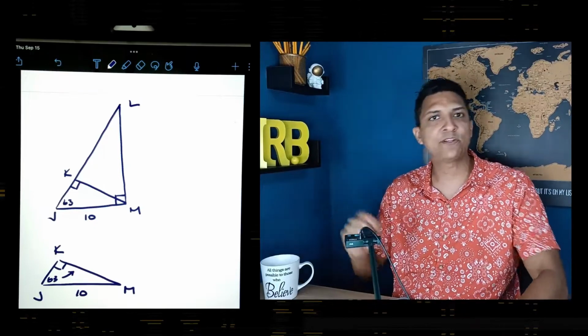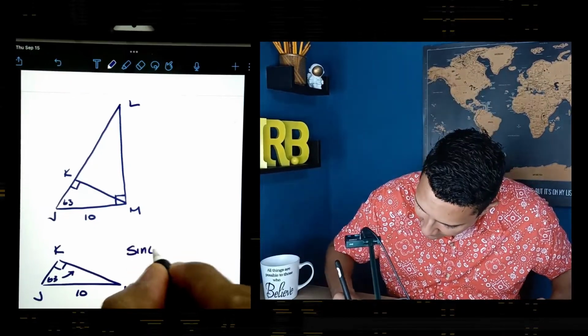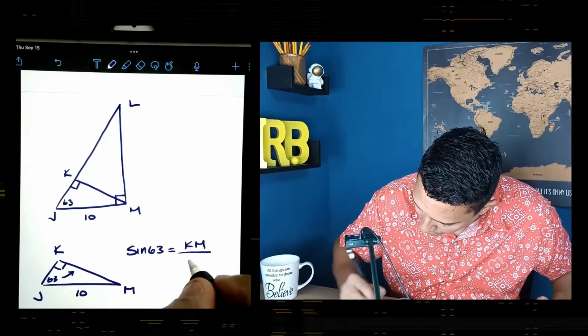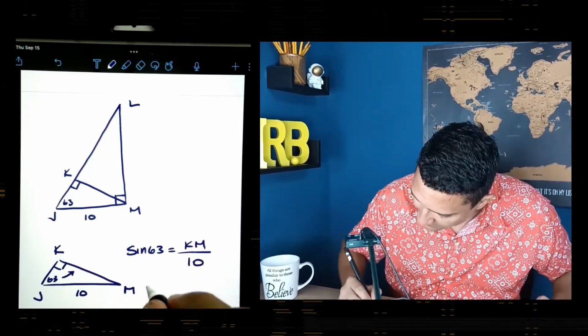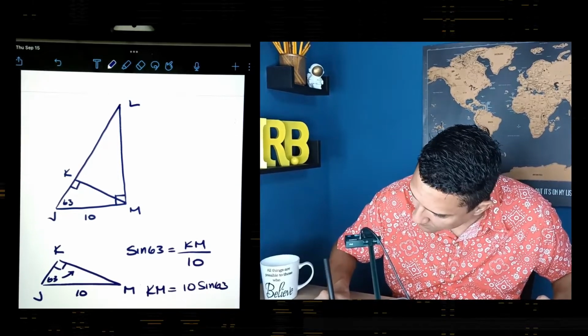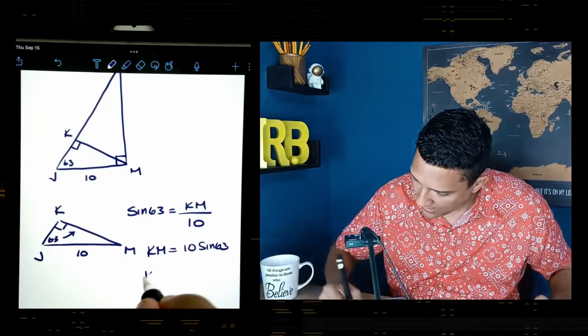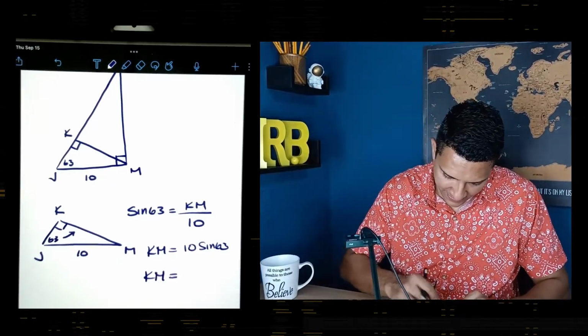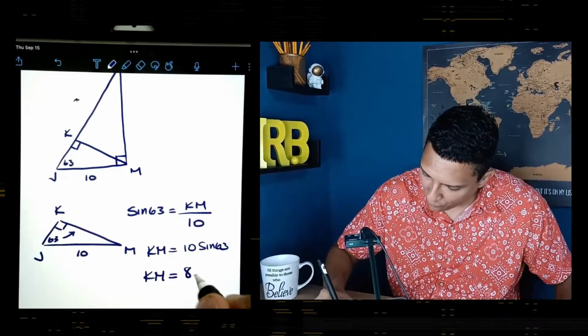So opposite and hypotenuse, sine. So sine of 63 is opposite, which is KM, over hypotenuse, which is 10. And now I only need to isolate this and input this in the calculator. So 10 sine of 63, that is 8.91.